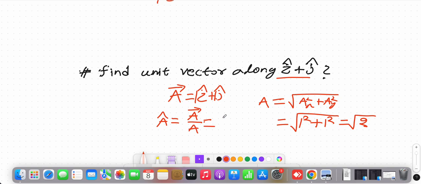So A cap is I cap plus J cap by root 2, that is your answer.